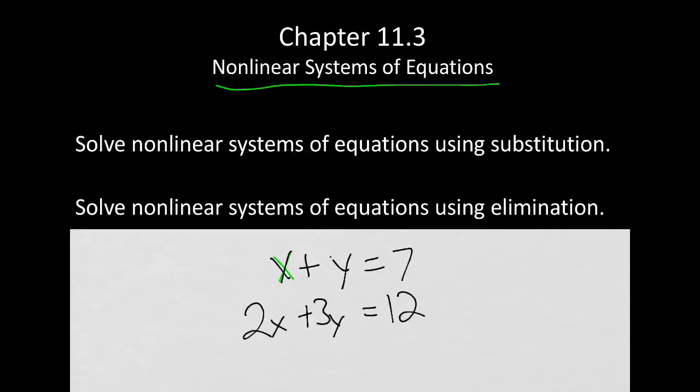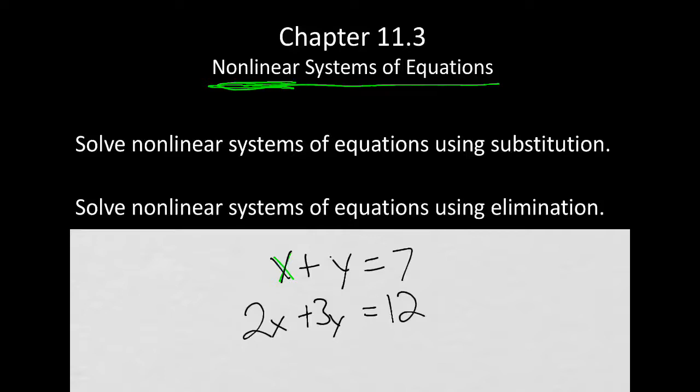These are lines, and so those were linear systems. What we're going to look at today are nonlinear systems. In other words, at least one of those equations is not going to be a line. Now, we've worked earlier in the year with parabolas.